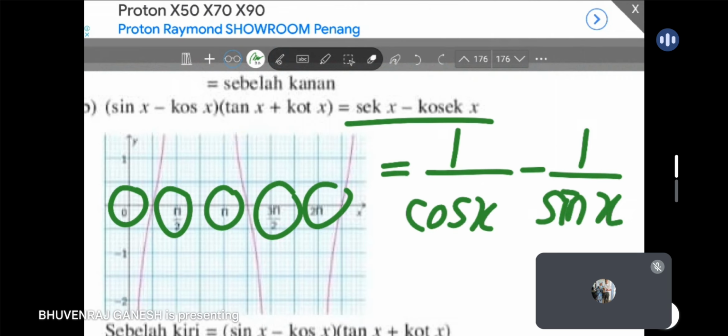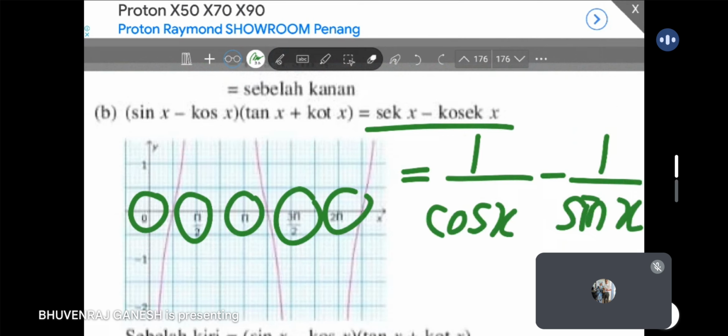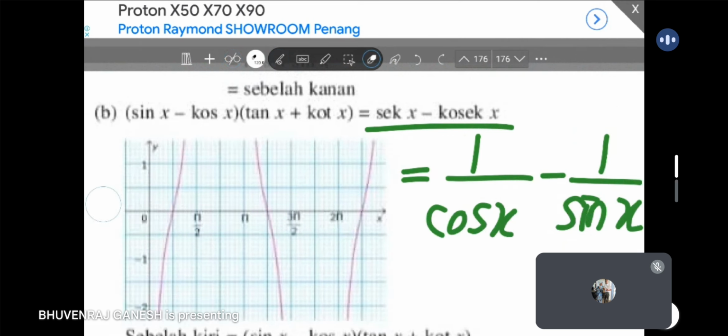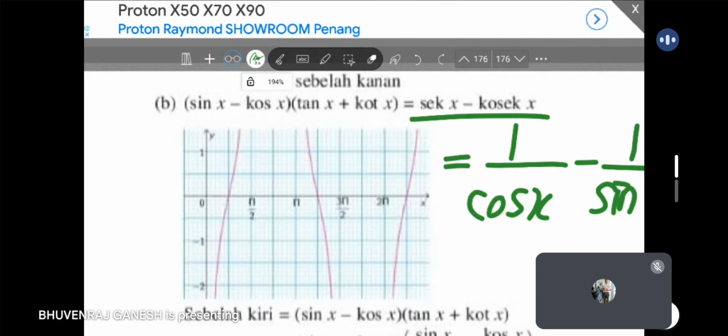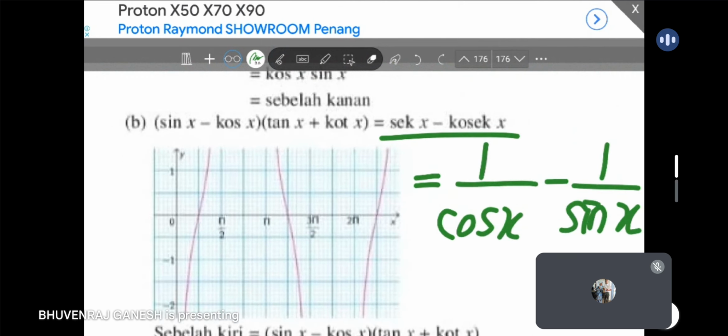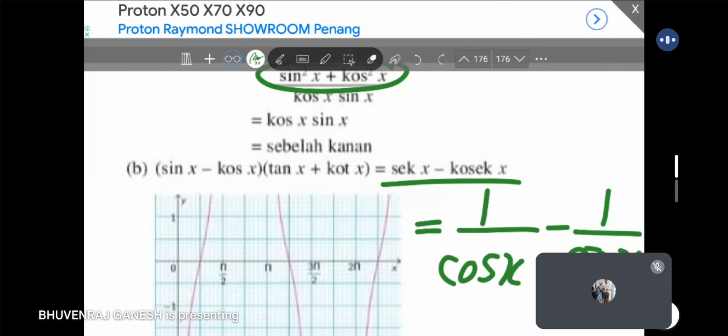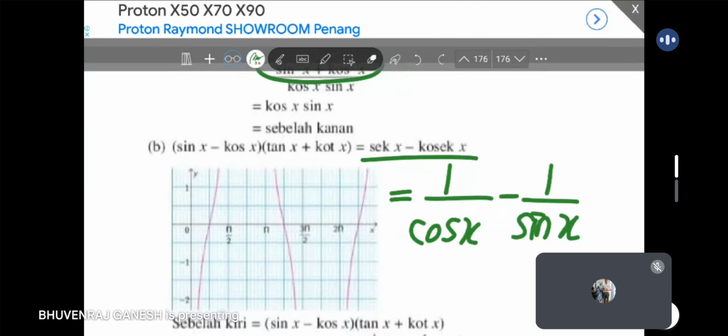Just put a few values, a few points is enough already. Then you can get this graph. But of course this kind of complex graph, software is better. Kamu guna perisian macam GeoGebra, you know GeoGebra, right? They can help you to graph all of these complex trigo equations.